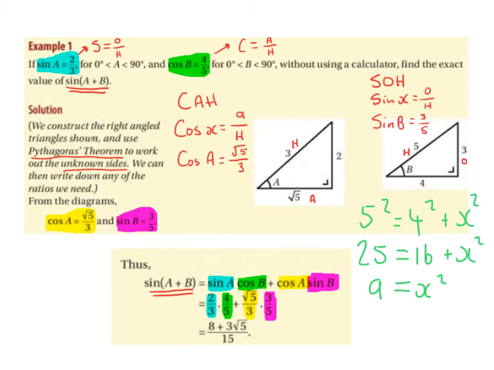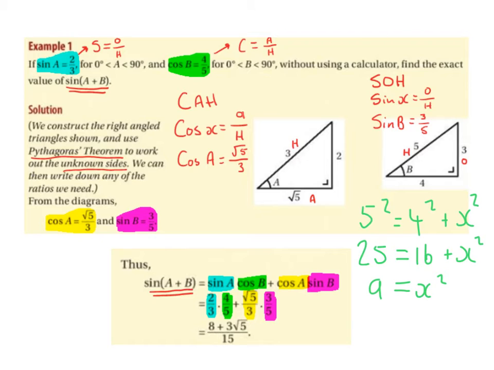So to summarize what we did, we were given a ratio in terms of sine of A and another ratio in terms of cos of B. We used the information given to draw out 2 separate right angle triangles, one with angle A and one with angle B. We then used Pythagoras' theorem to find the unknown sides.